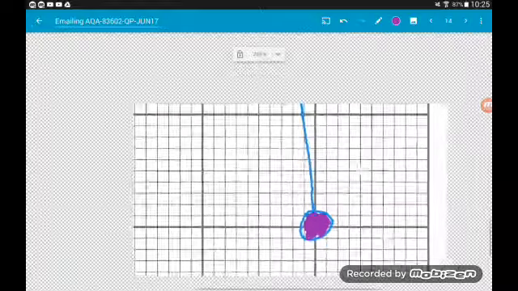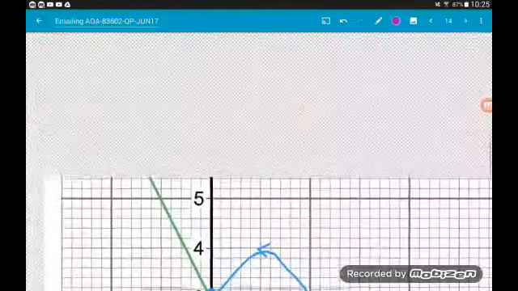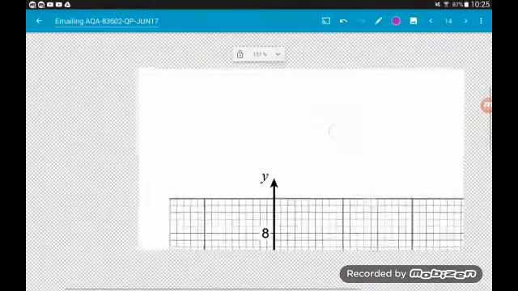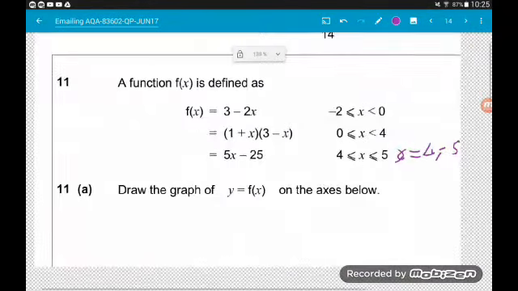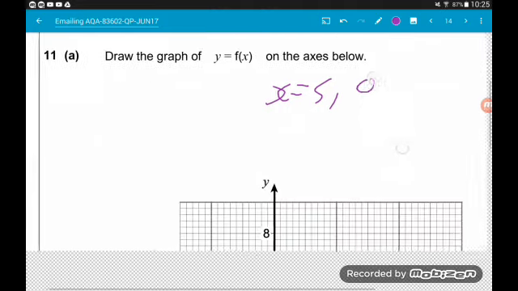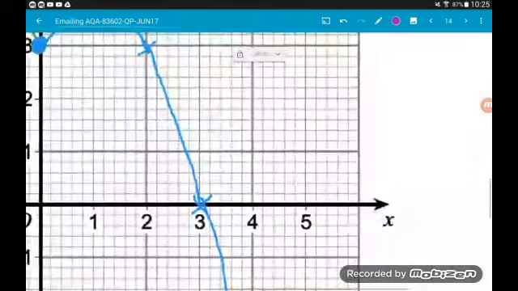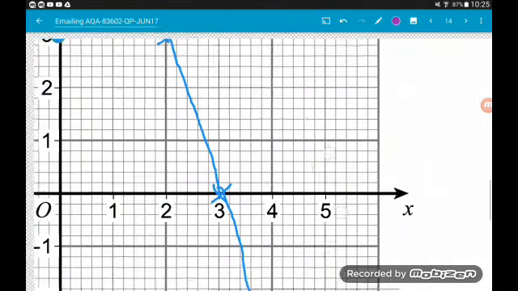Okay, and then the very last bit of this monster question, we need to substitute in x equals 5. So when x equals 5, f of x is 5 times 5, 25, minus 25, so 0. So our last point is 5, 0, which lives here.